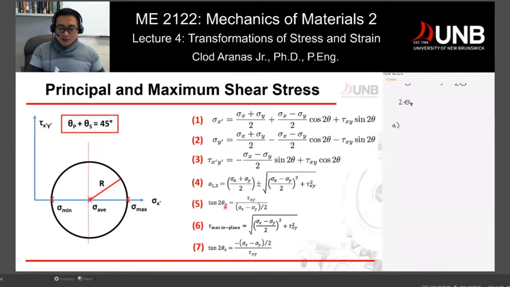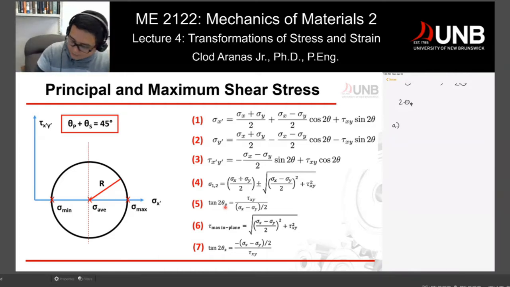But again, I showed you the derivation because sometimes students will just substitute numbers and not know how the equation works. They get a number, but how would they explain it? So let's use equation number 5 here and solve the problem. First you want to determine the principal planes.